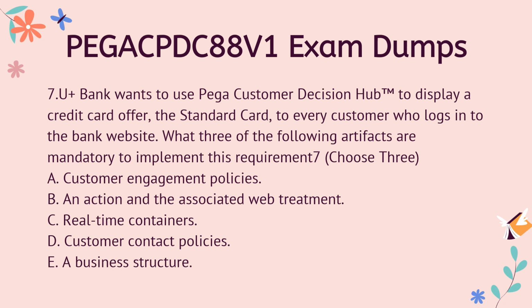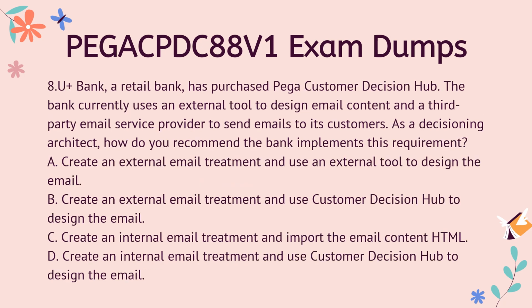8. U+ Bank, a retail bank, has purchased Pega Customer Decision Hub. The bank currently uses an external tool to design email content and a third-party email service provider to send emails to its customers. As a decisioning architect, how do you recommend the bank implements this requirement?